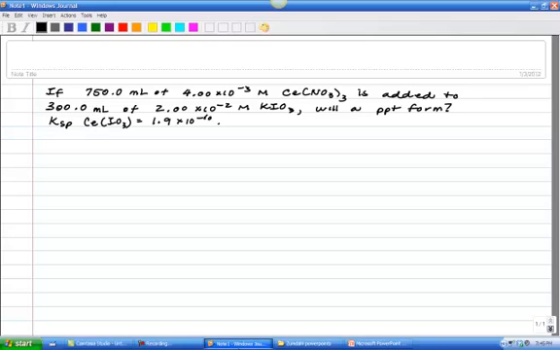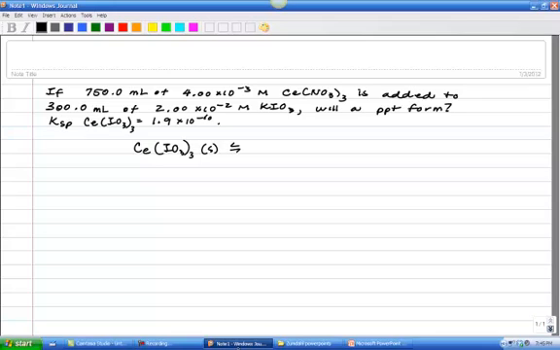So to solve these kinds of questions, remember what you need to do. You need to write a KSP expression for those ions that have the potential of forming. And I forgot the 3 out here, so I apologize, which is going to clearly change the balanced equation.